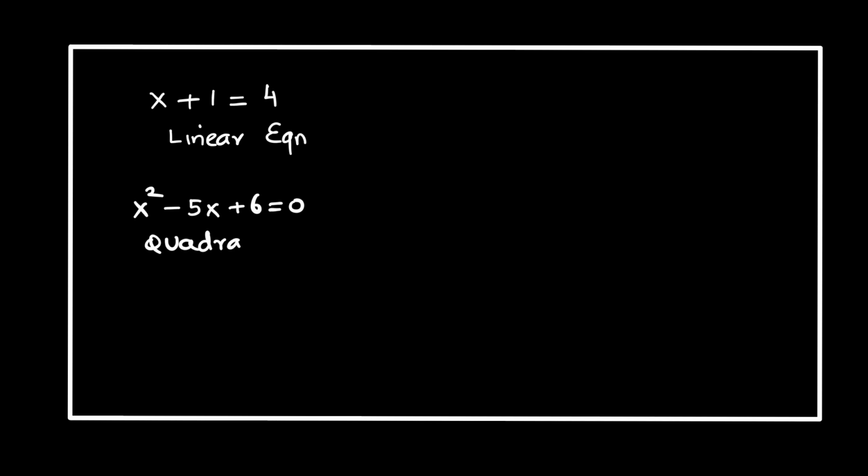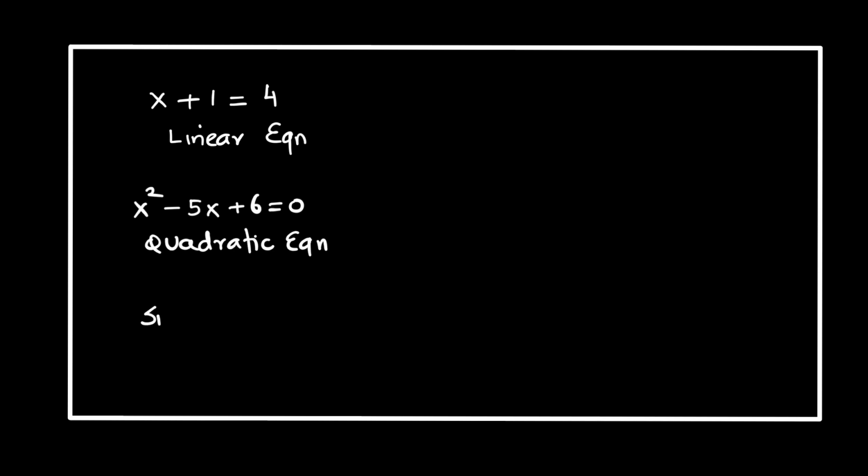If we have a linear equation, we know how to solve it. If we have an equation x squared minus 5x plus 6 equals 0, this is a quadratic equation and we also know how to solve it.